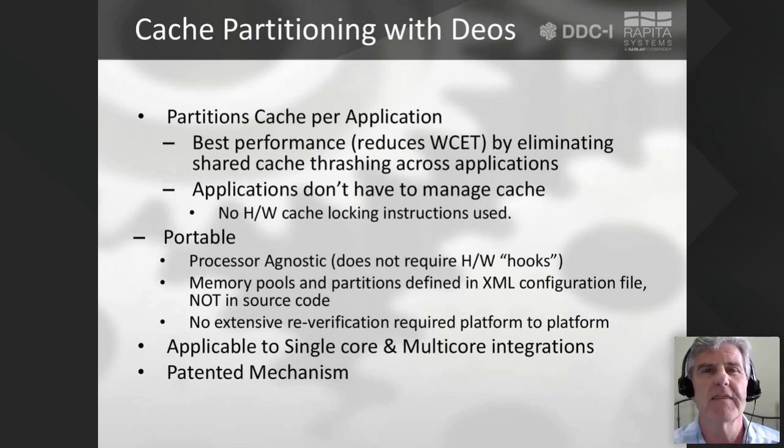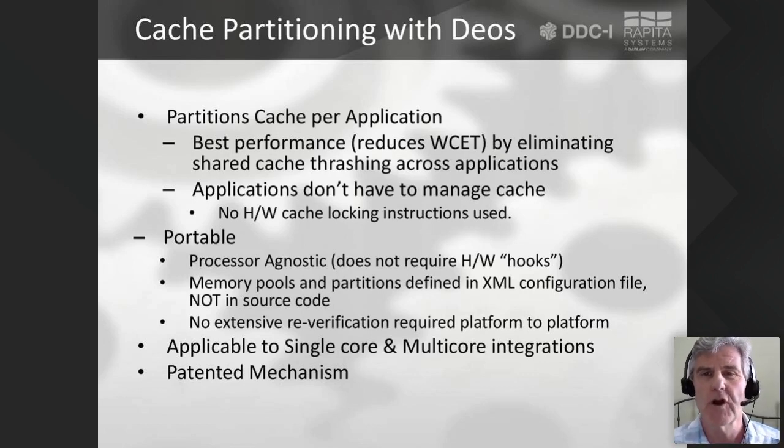This does provide the best performance because the worst case execution jitter is reduced by minimizing or eliminating the cache thrashing between applications. Essentially, more cache hits, less cache misses. Because this integration activity to assign the memory pools takes advantage of the general cache operation, no application software integration or interaction is needed to manage the cache.